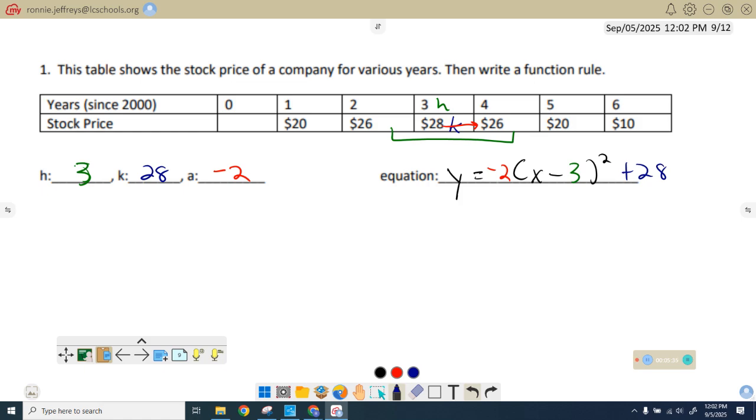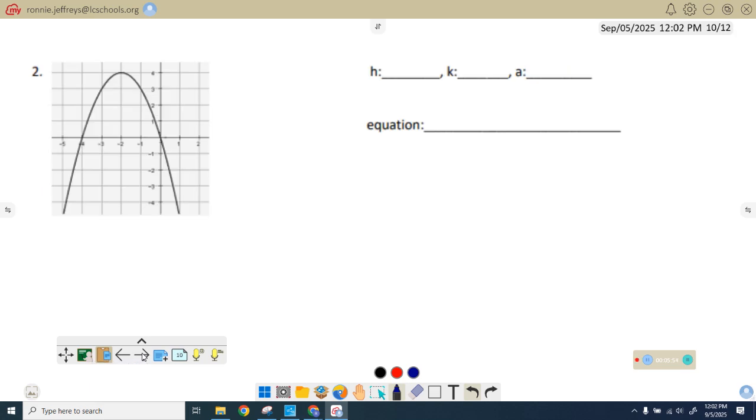Now, it's the same pattern for each table. It's actually the same pattern for the graphs, but a lot of people still kind of mishandle that somehow.